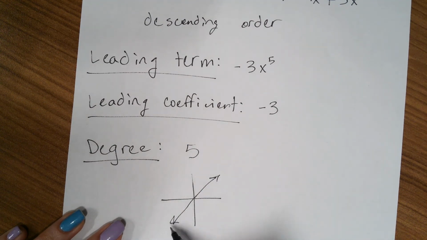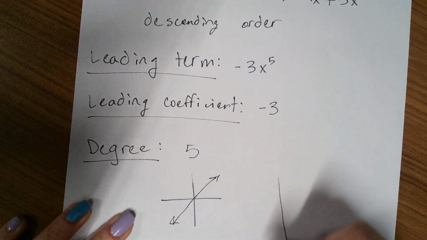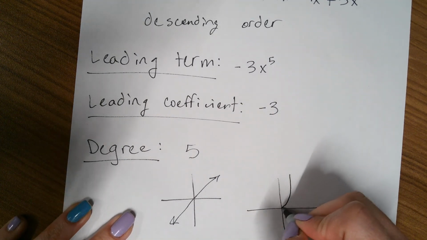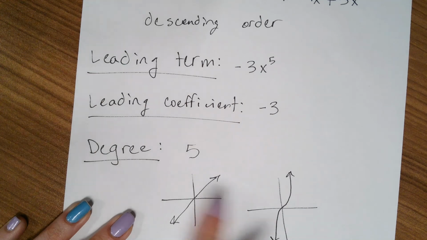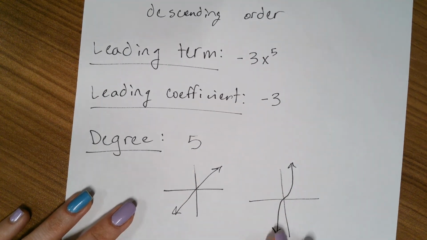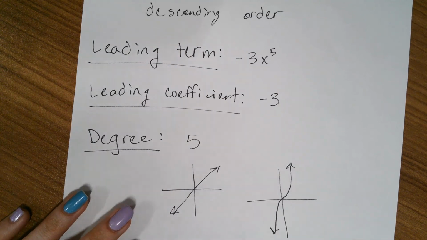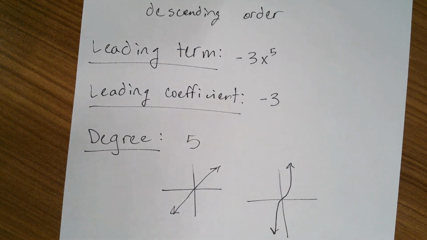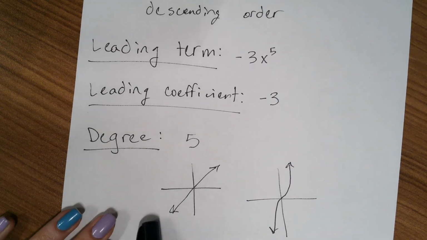If you think of a cubic, up on the right, down on the left. To the 5th power is going to take on essentially this same shape, to the 7th, 9th, 11th, and so forth. If the exponent is odd, you know it's going to at least start out up on the right, down on the left.